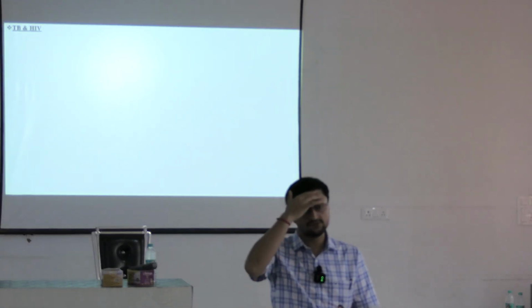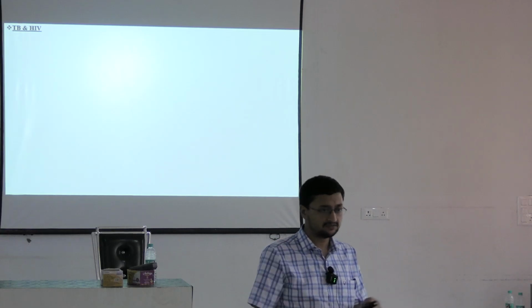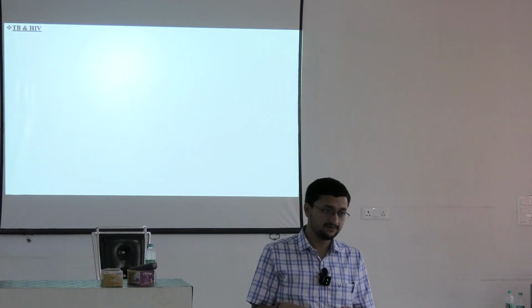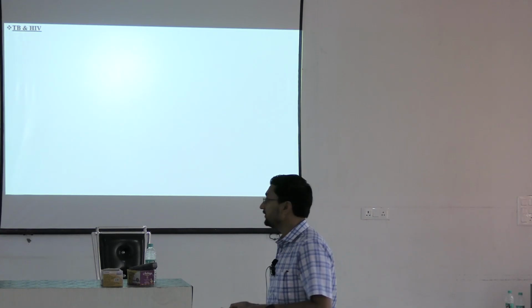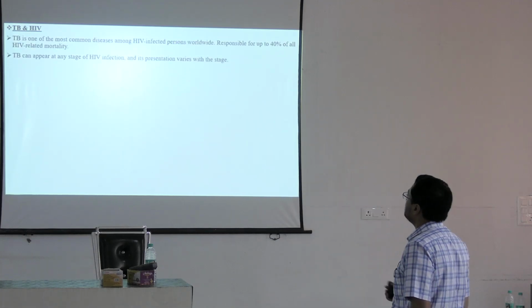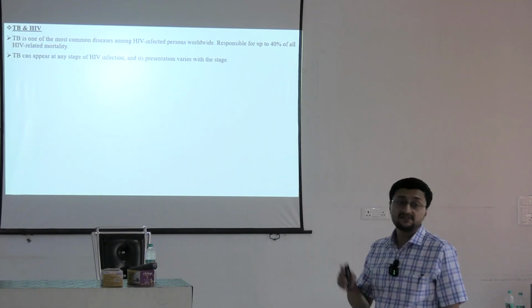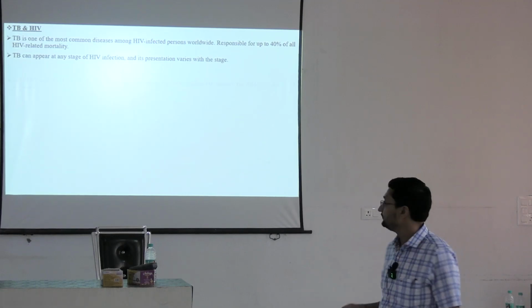In case of CD4 count more than 200, it is the same as that of other microbiologically confirmed tuberculosis patients. Definitely TB can appear at any stage of HIV infection, and presentation varies with the stage, that means CD4 count.